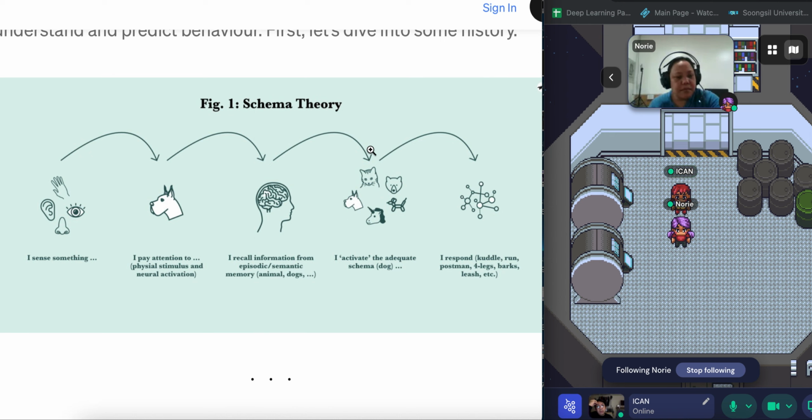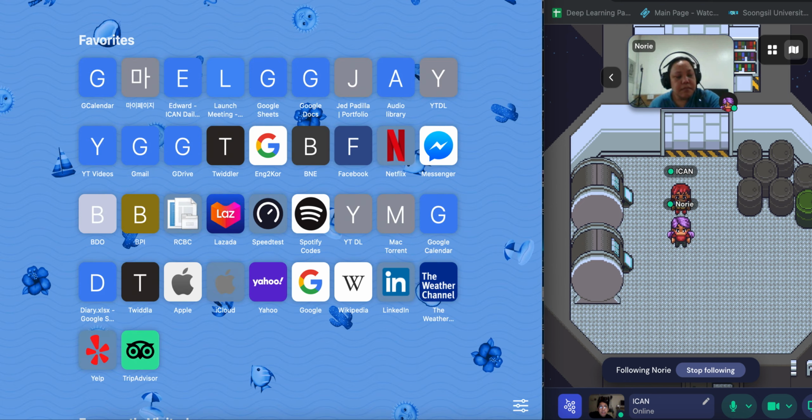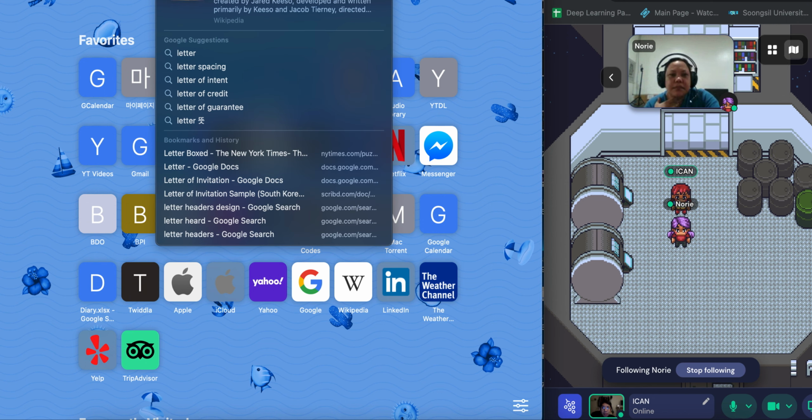Okay. Sige, let's see. Maybe letter B, ano bang pwedeng i-associate ni student sa letter B? So, ang pwede mong gawin is, alam mo yung sa mga students, mga children, like learning phonics.